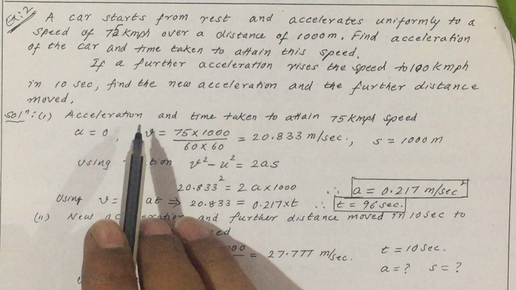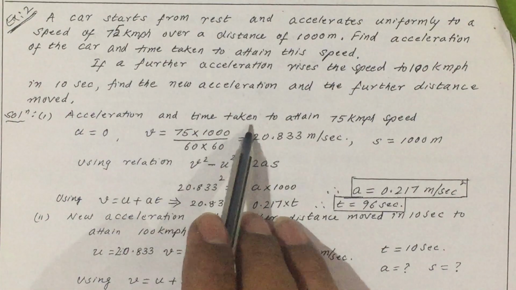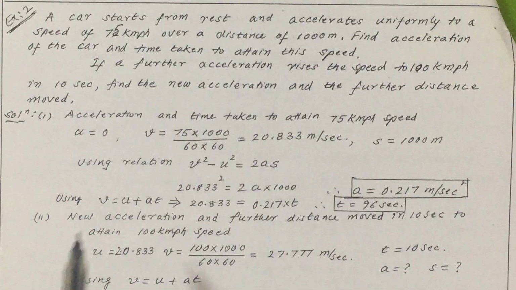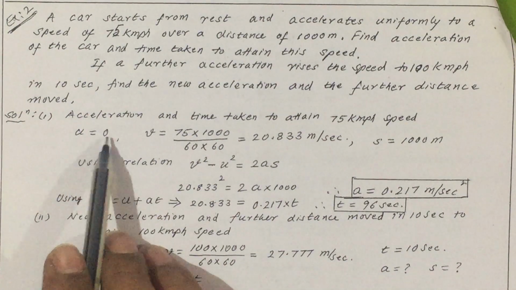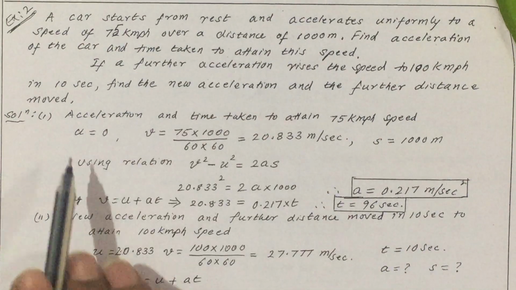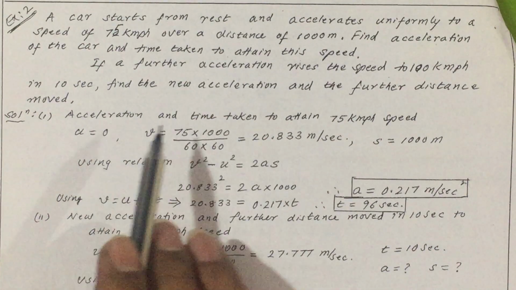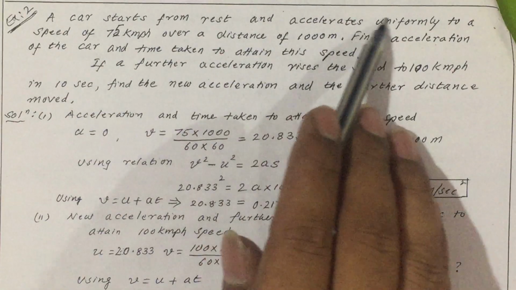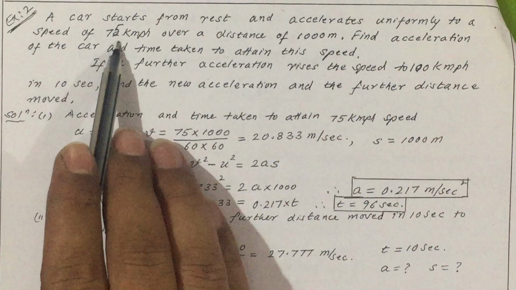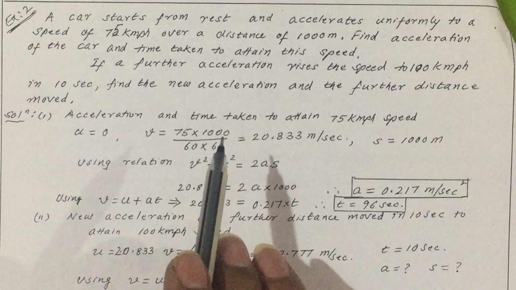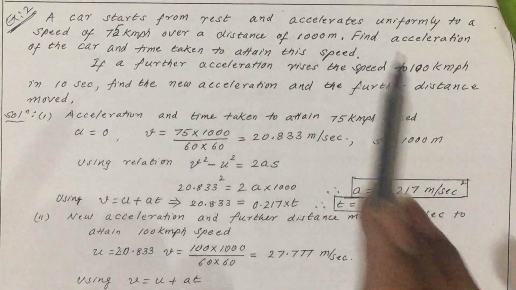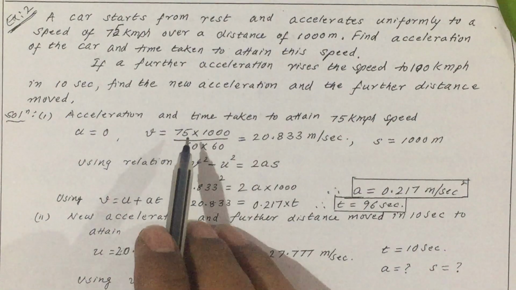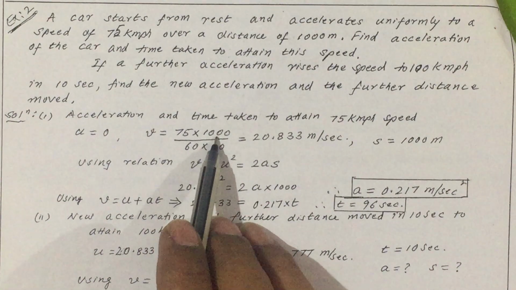In the first case, we need acceleration and time taken to attain 75 kmph speed. A car starts from rest, nothing but initial velocity u is 0. Then final velocity, they said that it is accelerating uniformly to a speed of 75 kmph over a distance of 1000 meter. Therefore, v is equal to 75 kmph.